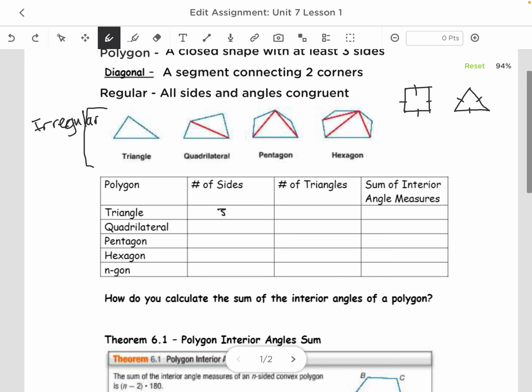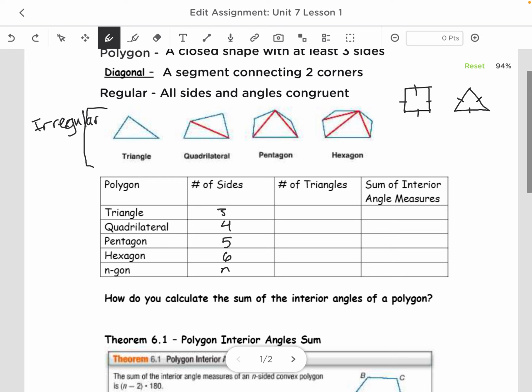A quadrilateral has 4 sides, 5 sides for a pentagon, 6 sides for a hexagon, and an n-gon is a new term. All that means is it is a figure with n sides. We use this mostly when we've got a lot of sides, but we can also use it when we just don't know what the shape is called. So an n-gon could have like 42 sides or 13 sides. We're going to call that an n-gon.